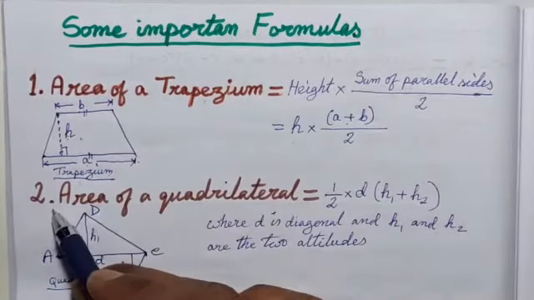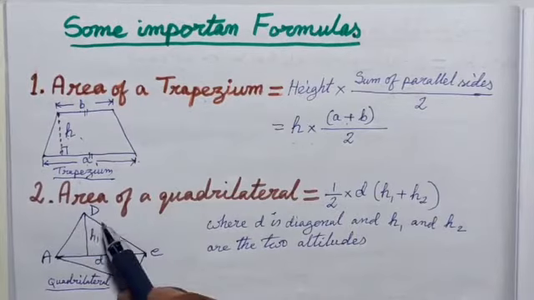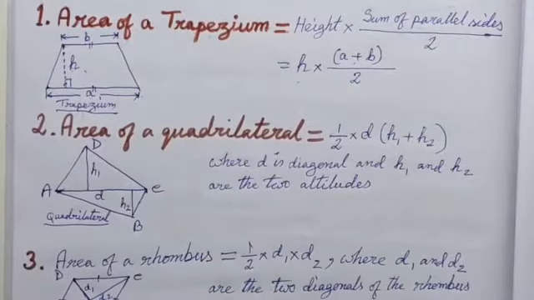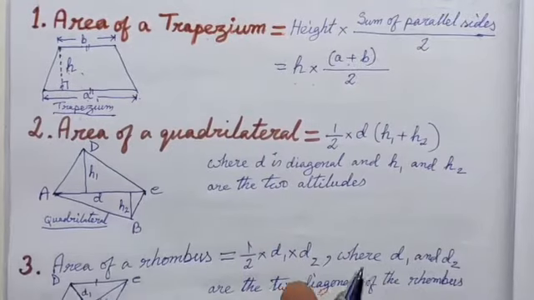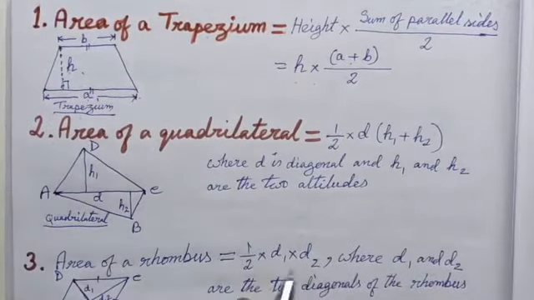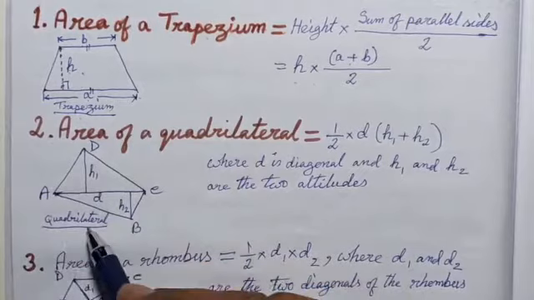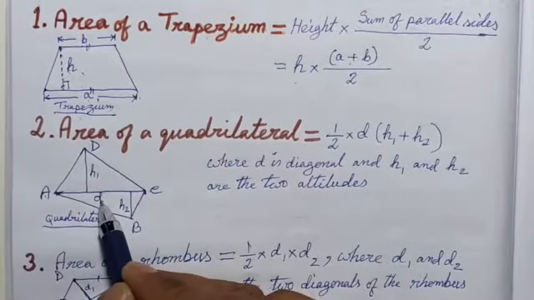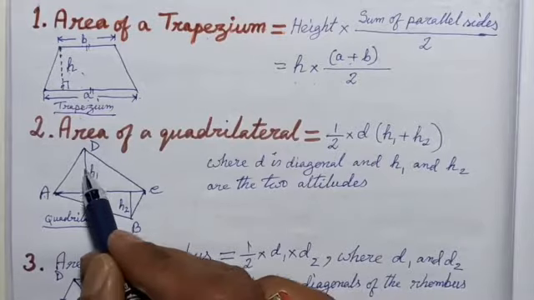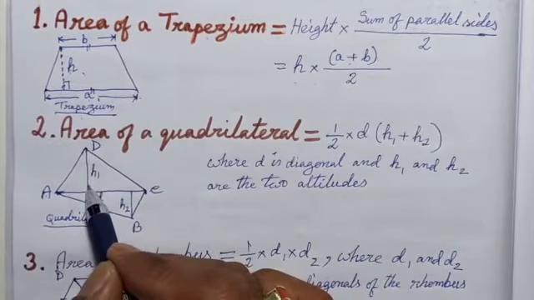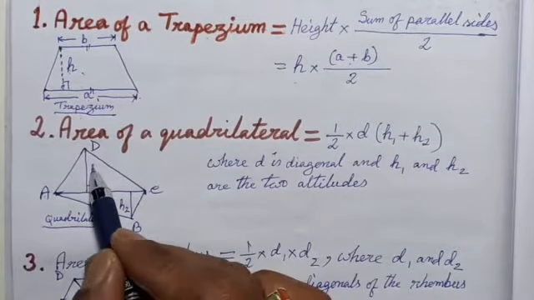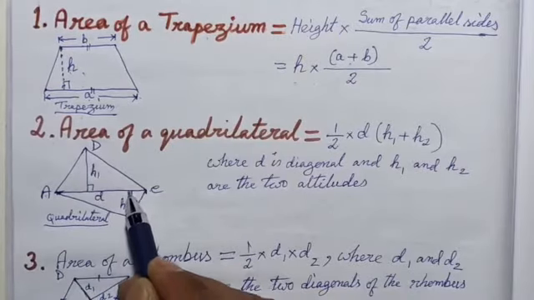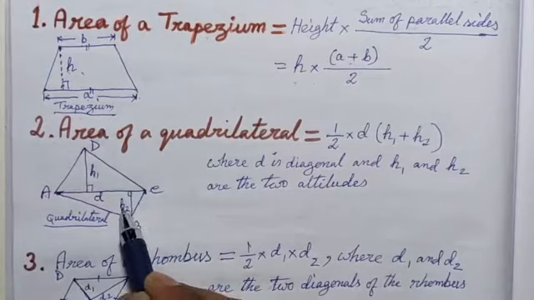Now formula number 2, area of a quadrilateral. A quadrilateral is a plane closed figure which is bounded by 4 line segments. So this is a quadrilateral, and here AC is a diagonal, represented by d, and this is a perpendicular line, represented by height 1, and this is also a perpendicular line, represented by height 2.